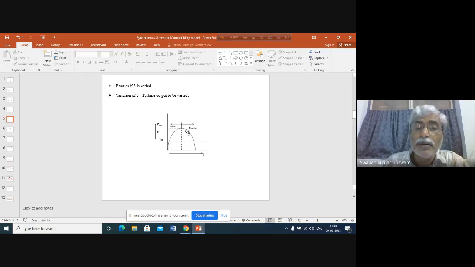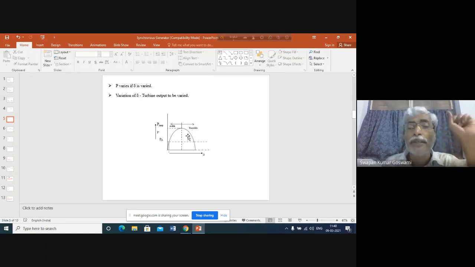Synchronous speed was achieved at some point where that point was above the input power line. If this happens, then this maximum permissible point, the 90-degree value, may be exceeded by the generator rotor, but that is during the dynamic situation, during the movement only.